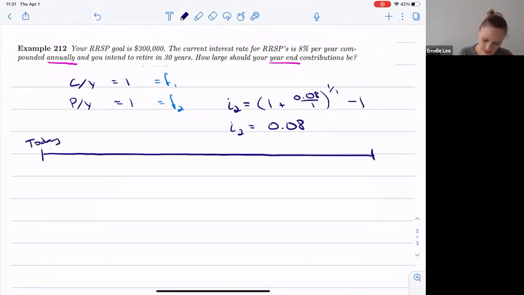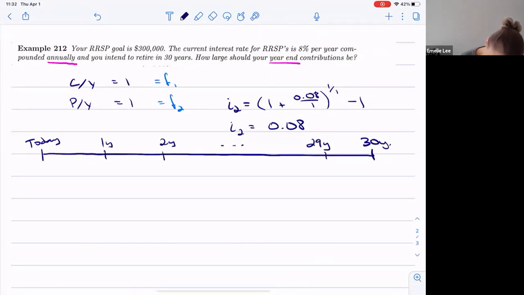Okay, so what we want to find is, if we map it out on a timeline, let's start today, and you want to retire in 30 years. So I'm going to make year-end contributions, and so here I am at 1 year, 2 years, and then dot, dot, dot, same thing happens, 29 years, 30 years, and then I want to have $30,000.